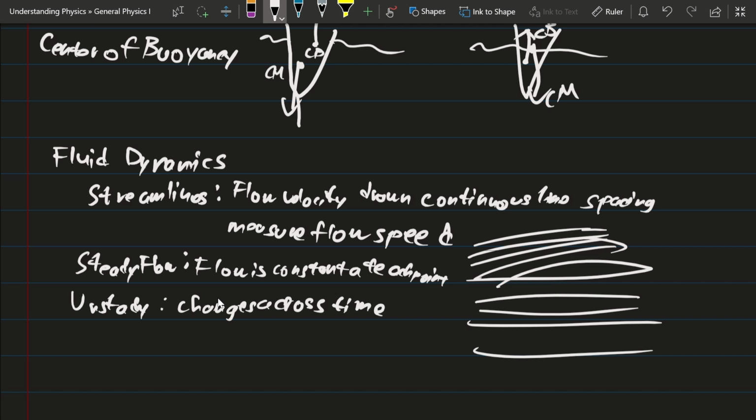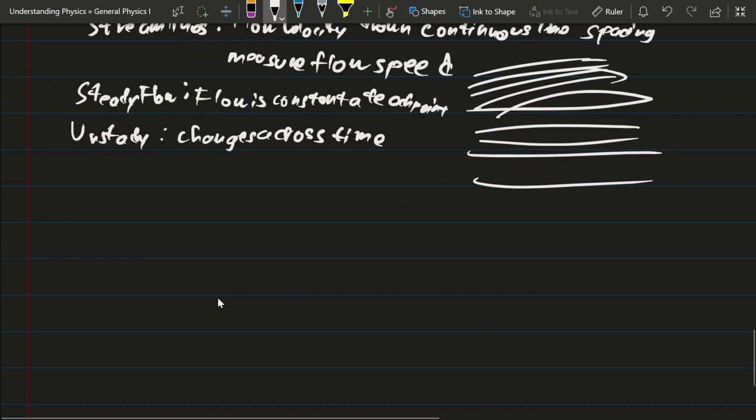With this, we will start to try to understand how fluids move in a steady flow instead of an unsteady flow, which might correspond to a turbulent flow. So we will start to discuss the continuity equation.